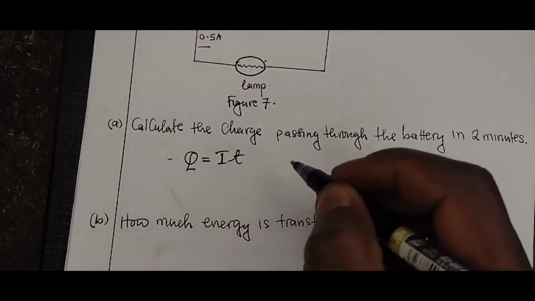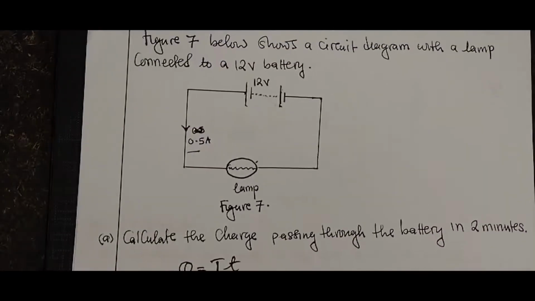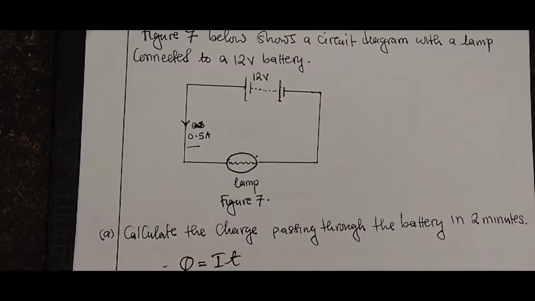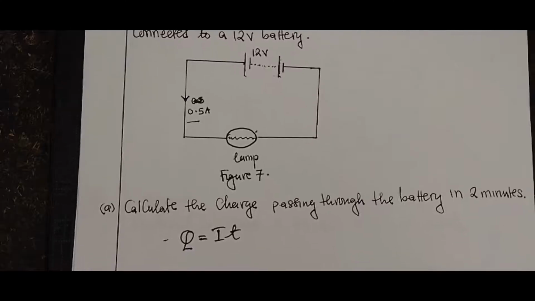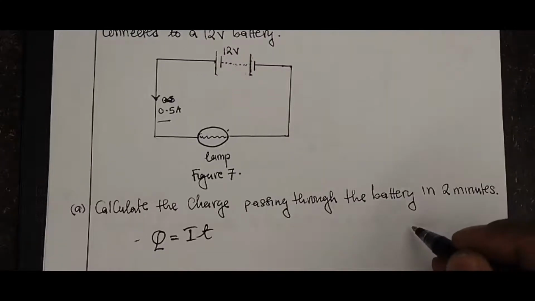So now in this case, we want to find the charge. We are given the current and the voltage. Do we have time? Yes, we have time, but we need it in seconds. It's in minutes, so we need to convert. How many seconds make a minute? We have 60 seconds making a minute.